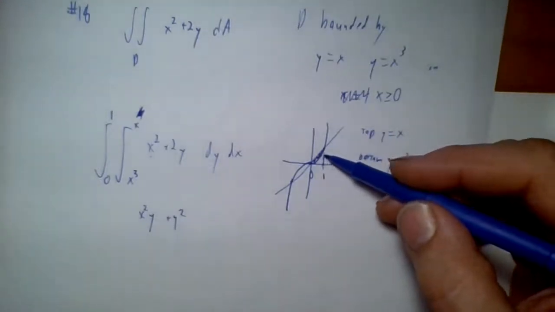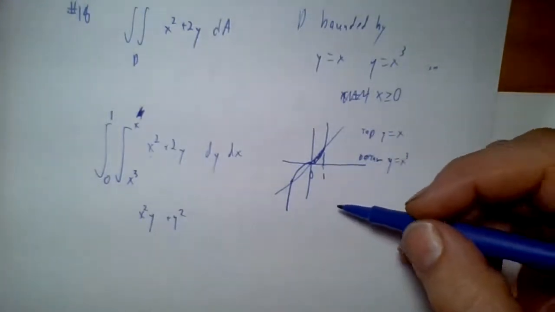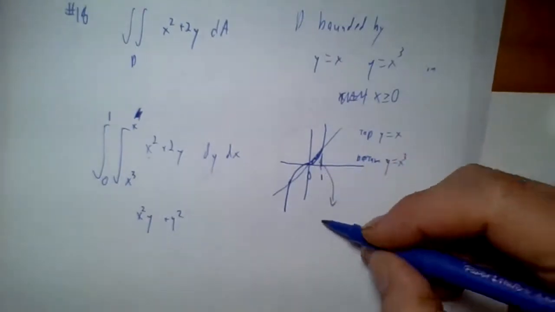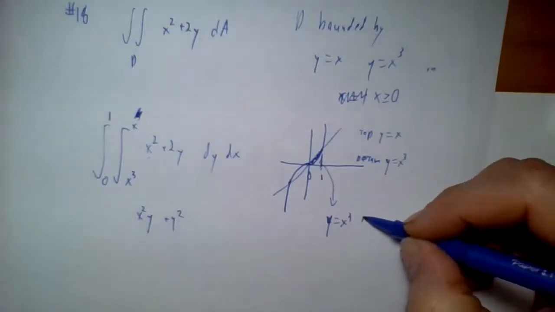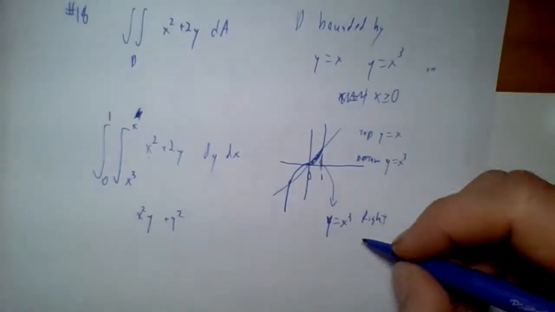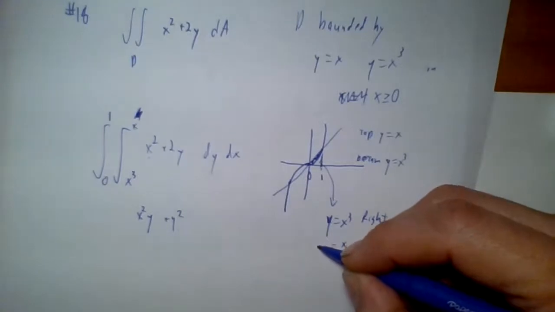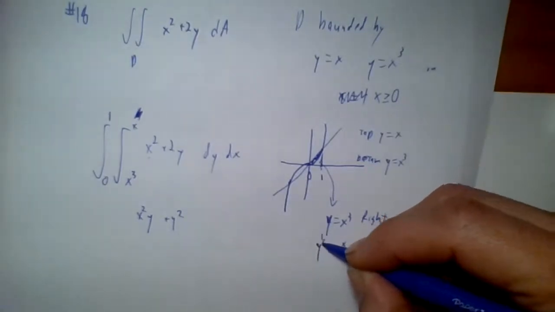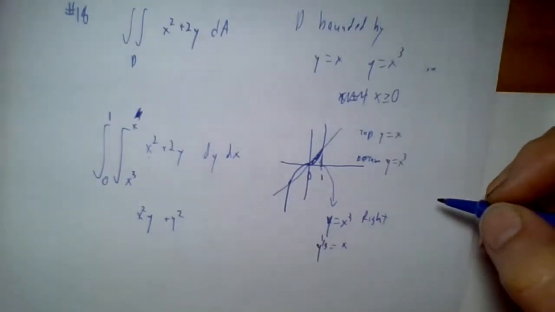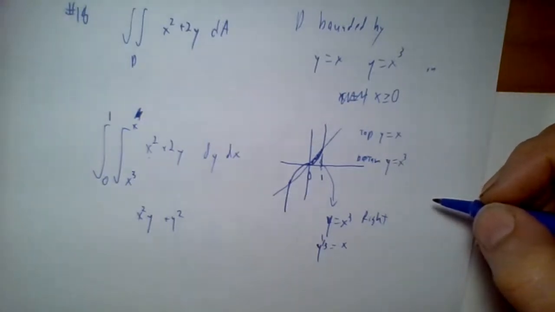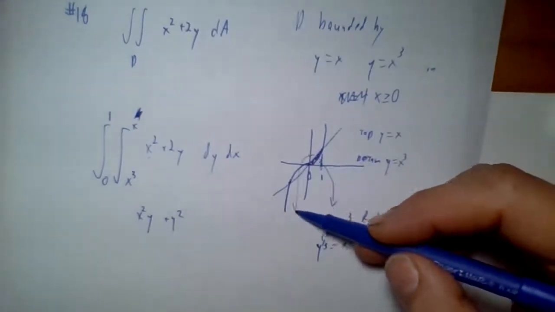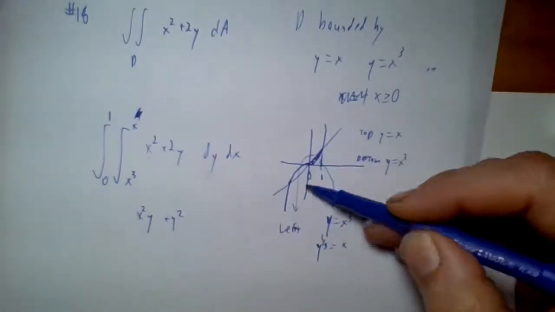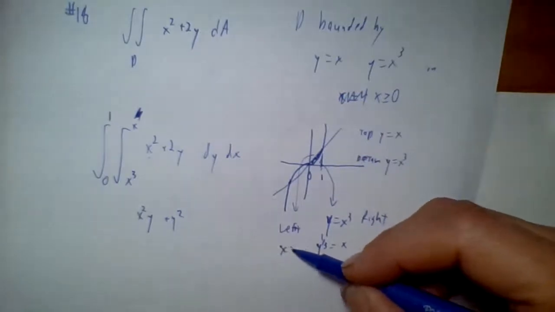I want to think about setting that same thing up the other way, because a region like this also has the right and the left side that are separated. The cubic there, y equals x cubed, is also the right side of this thing and could be written as a function of y. x equals y to the 1/3 is that curve, and the left side of that thing is the line y equals x or x equals y.